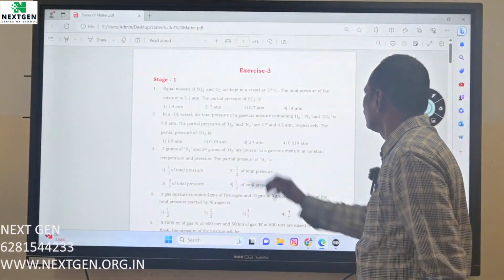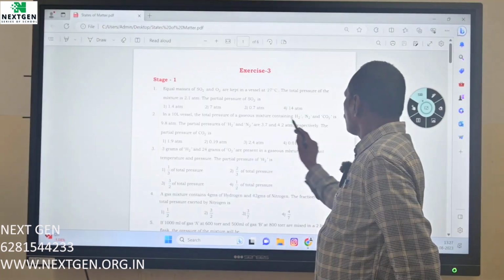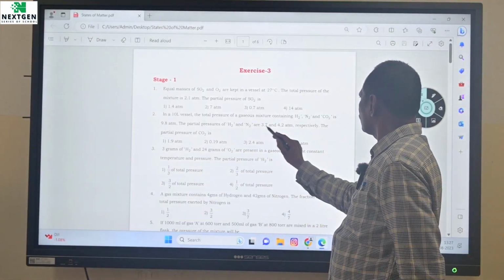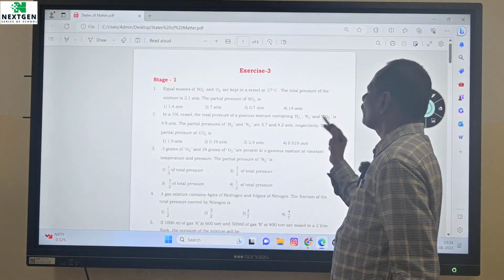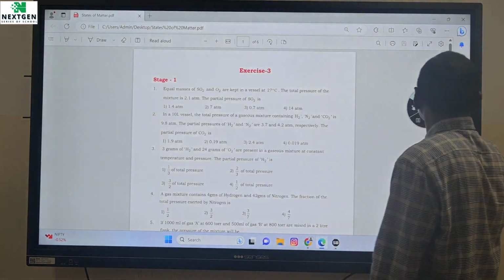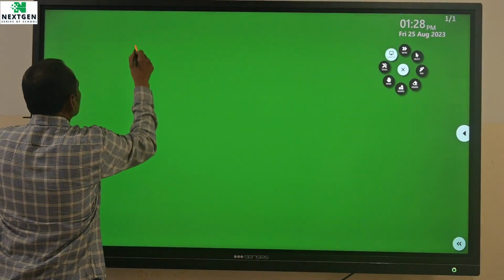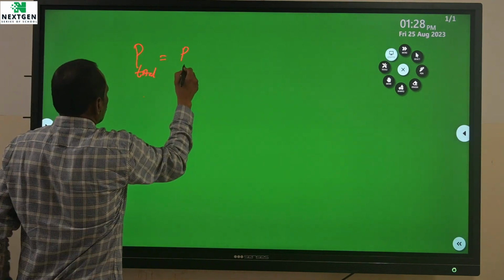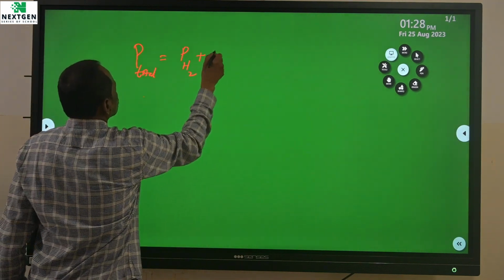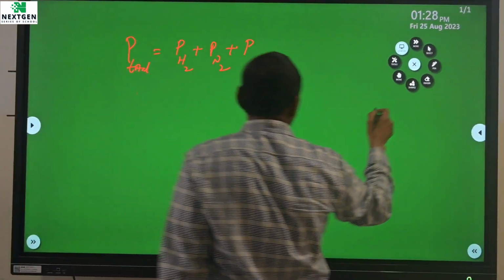It's very simple. The total pressure is 9.8. The partial pressure of hydrogen is 3.7. The partial pressure of nitrogen is 4.2. Therefore, the partial pressure of CO2. We know that the total pressure is equal to the partial pressure of hydrogen plus the partial pressure of nitrogen plus the partial pressure of the third gas.